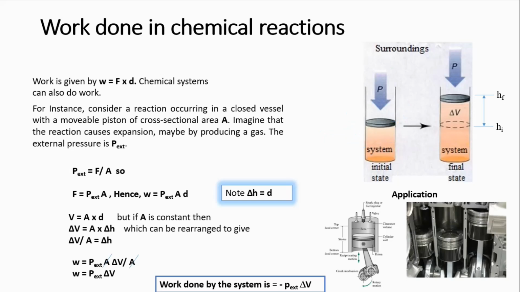That's the pressure caused by the weight of the molecules in the atmosphere, pushing down on the piston. So in our system, our reaction could occur, and if in reacting it produces gas molecules, those gas molecules require more space and could push the piston upward.